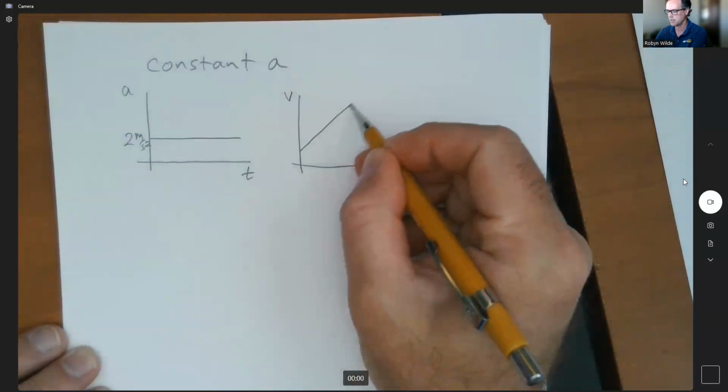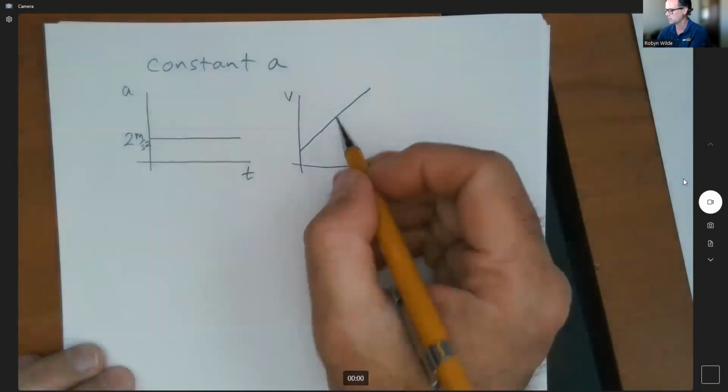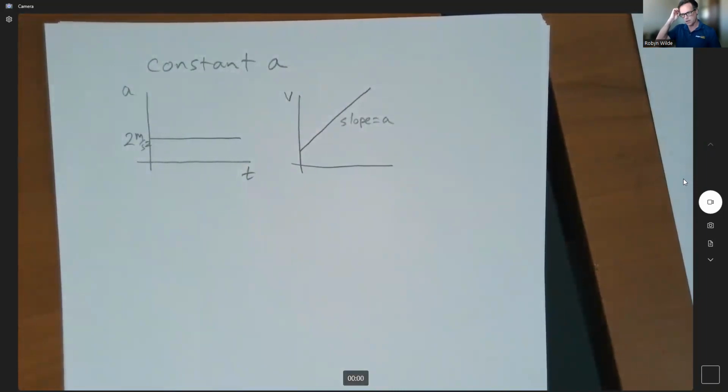So it's going to be a straight line with a positive slope in this case. Again, if my acceleration were negative, it would be a negative slope. But the slope is equal to the acceleration, right? So my velocity is getting bigger and bigger. I have a positive acceleration. It means that my velocity is going up by that 2 meters per second every second.